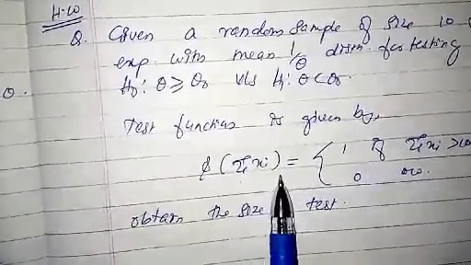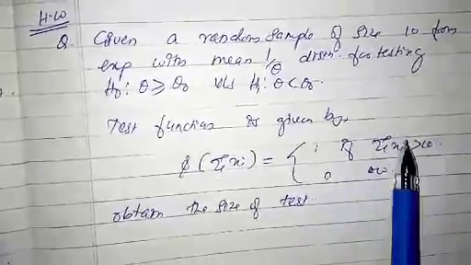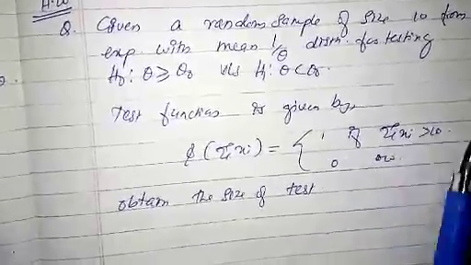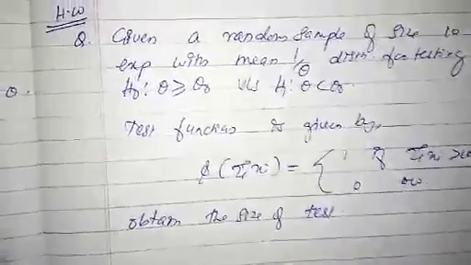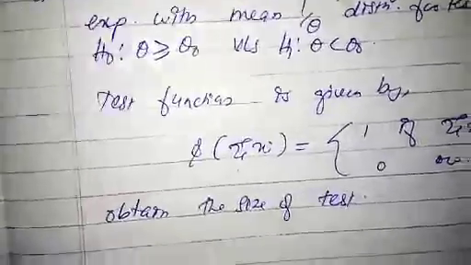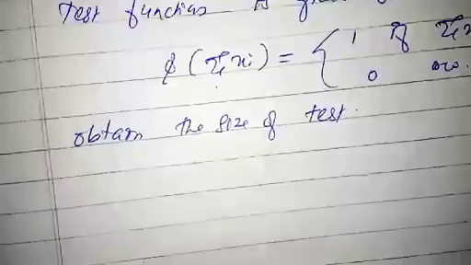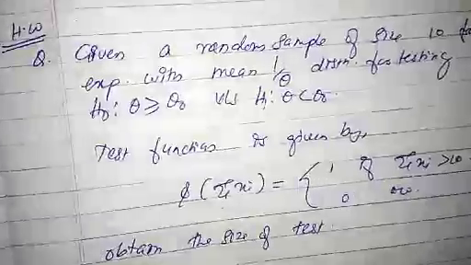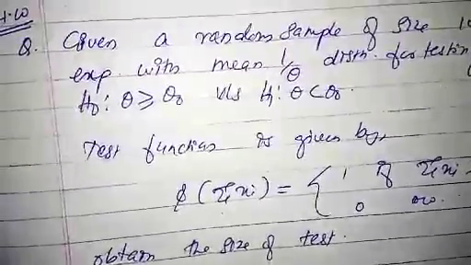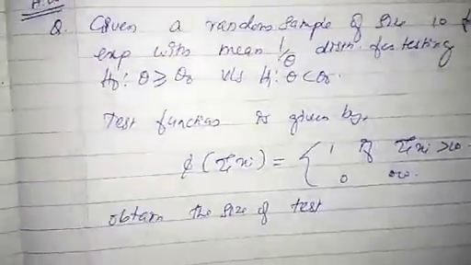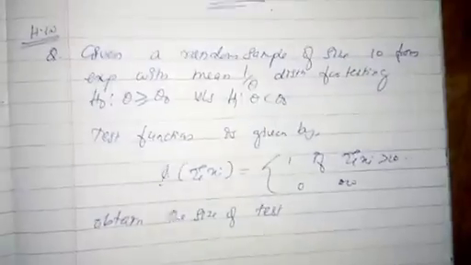The test function is given by phi of summation xi 1 if summation xi greater than 10, 0 otherwise, then obtain the size of the test. This is your homework. So write the homework in your notebook, and you should write all the notes material that I gave in Google Classroom, and also you should submit the homework.